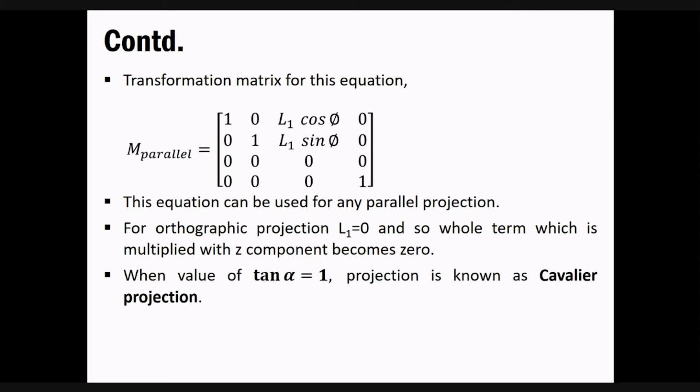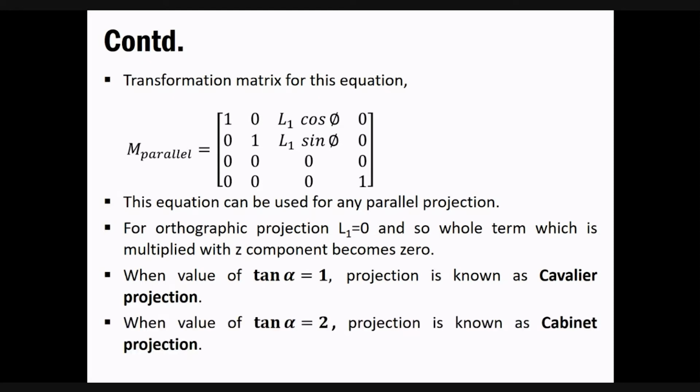A similar thing is given over here. When the value of tan alpha is equal to 1, the projection is known as Cavalier projection, and when the value of tan alpha is equal to 2, the projection is known as cabinet projection. So two simple things come out of this concept of oblique parallel projection: first Cavalier, then cabinet projection. Everything depends on the values you get.